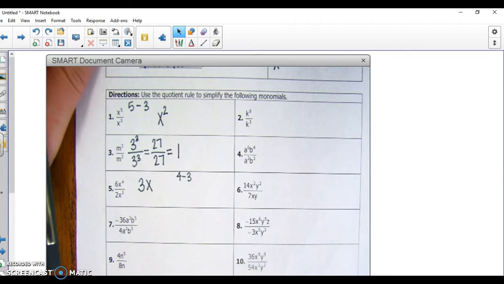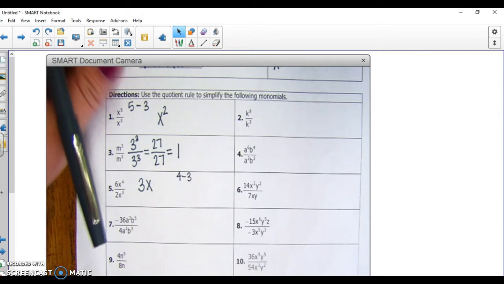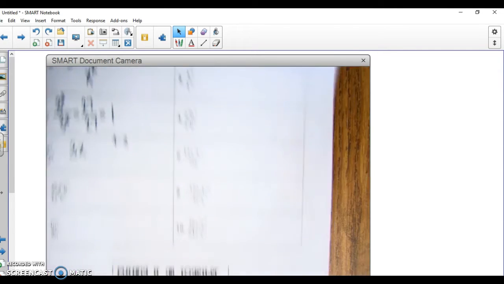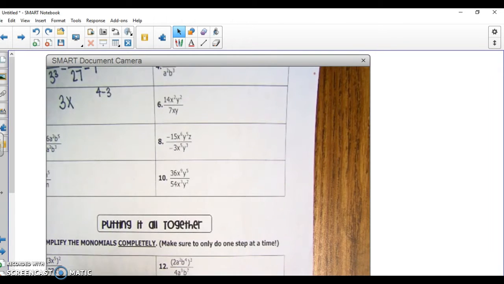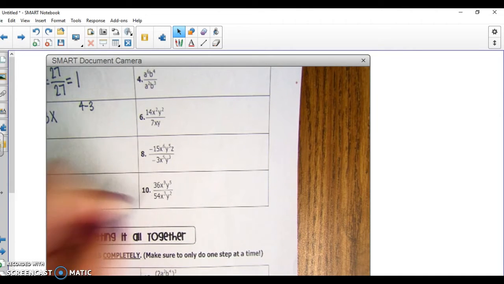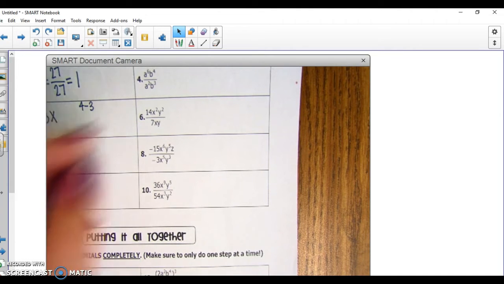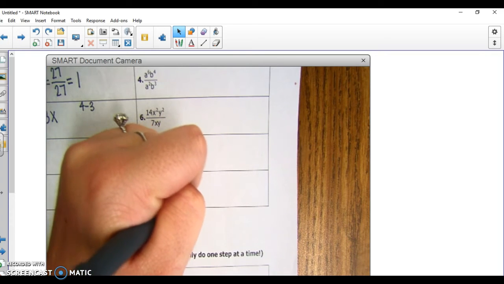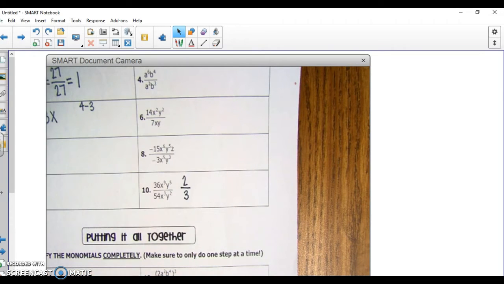Alright, and then we can look at some of the more difficult ones, like number 10. So I have 36x to the 9th, y to the 5th, divided by 54x cubed, y squared. So I'm going to divide my coefficients. So I have 36 over 54. If I simplify that, I will end up with 2/3.